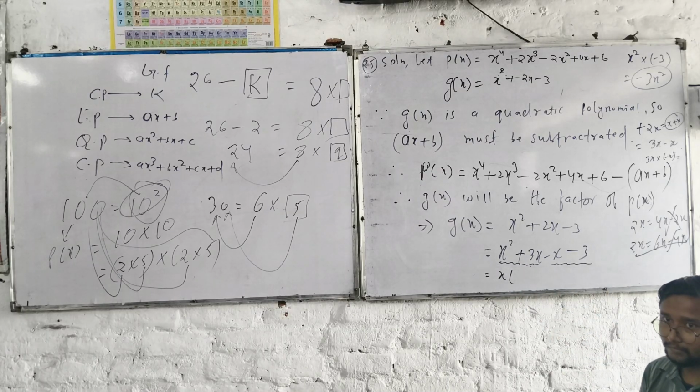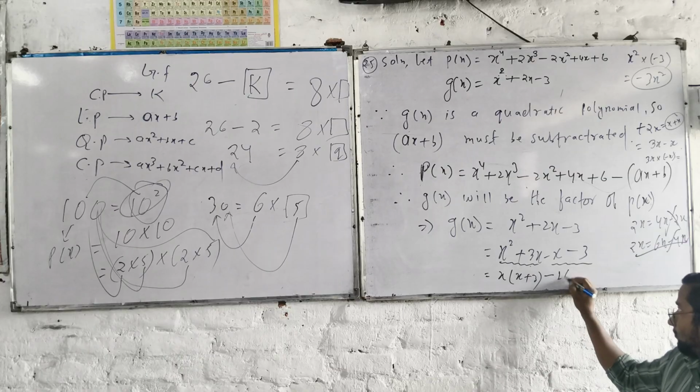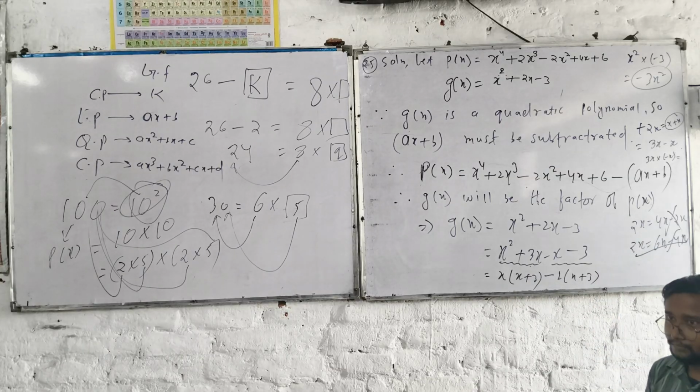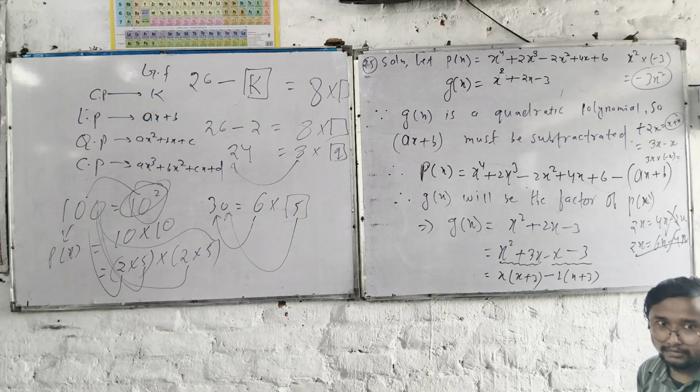Be careful. Tell me, guys. Listen. For the minus x and the minus 3, there was no common term. It is x, it is 3, there's no common term. Speak now, is there a common term?